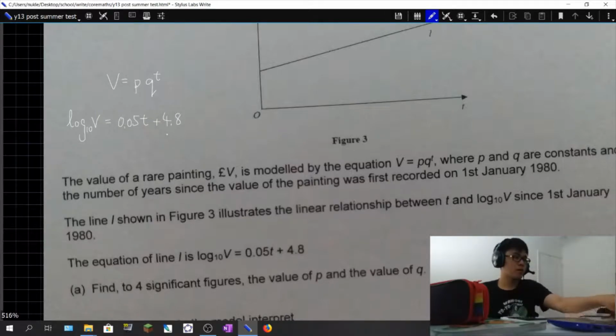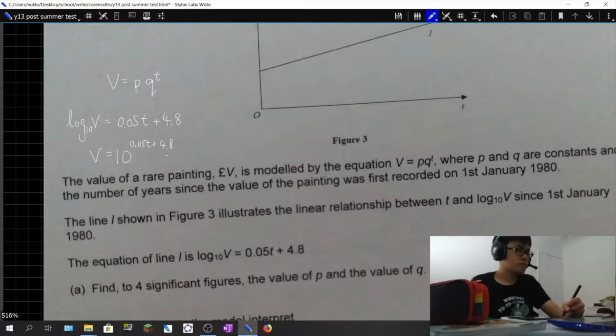If you want to get rid of the logarithm, you're going to put v is equal to 10 to this power. So 0.05 t plus 4.8, which is equal to 10 to the 4.8 times, okay, so we're changing the plus into a times now because we're splitting it up, 10 to the 0.05t.